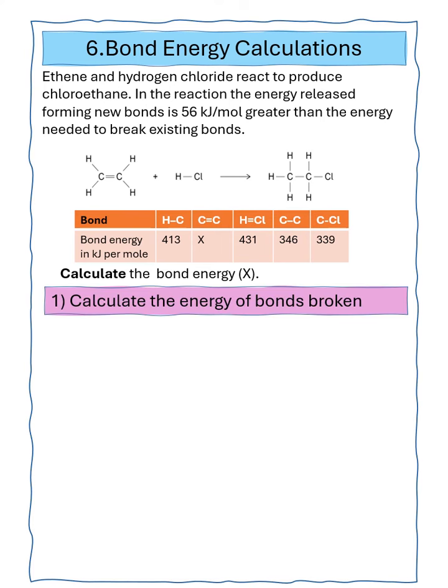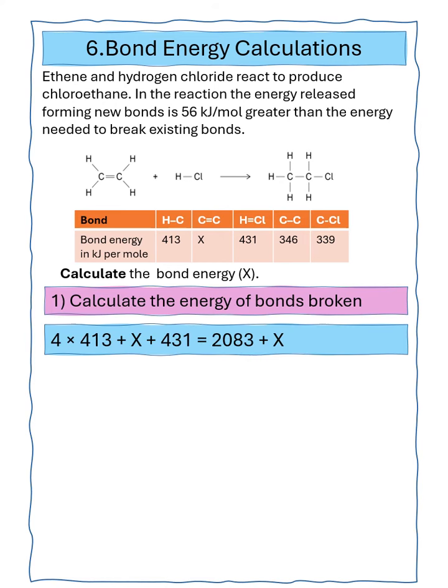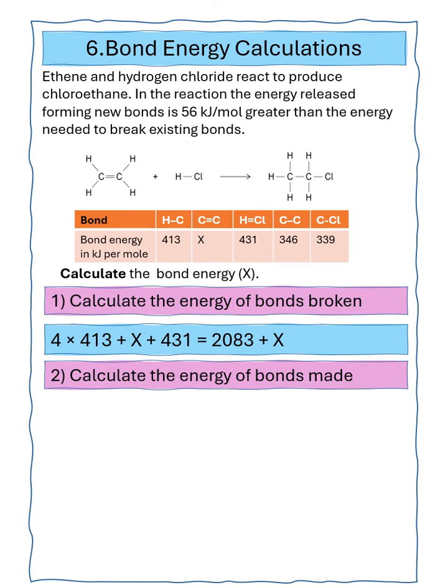So first of all, we've got to calculate the energy of the bonds broken, taken in to break the bonds. So we've got 4 carbon to hydrogen bonds, energy value of 413. We've got a carbon double bond carbon, which is X, which we've got to calculate. And we've got a hydrogen to chlorine, which is 431, giving a total value of 2,083 plus X. We've then got to calculate the energy of bonds made, which is energy given out.